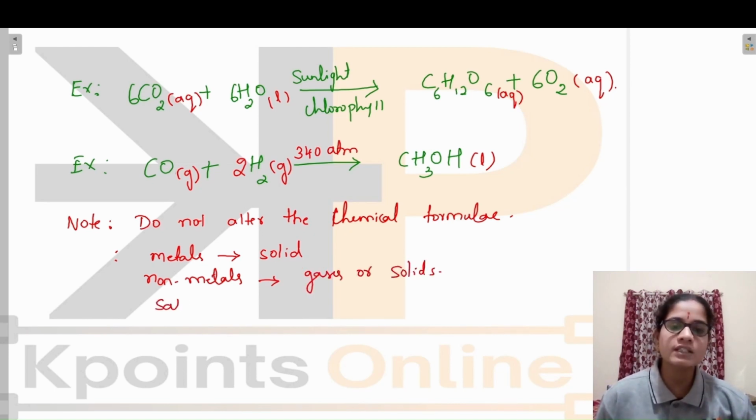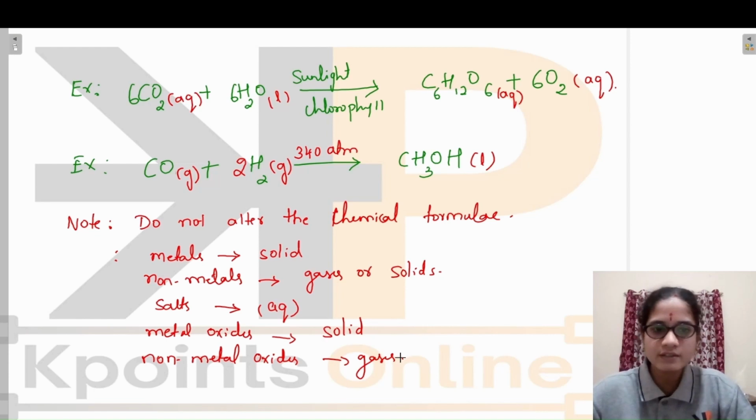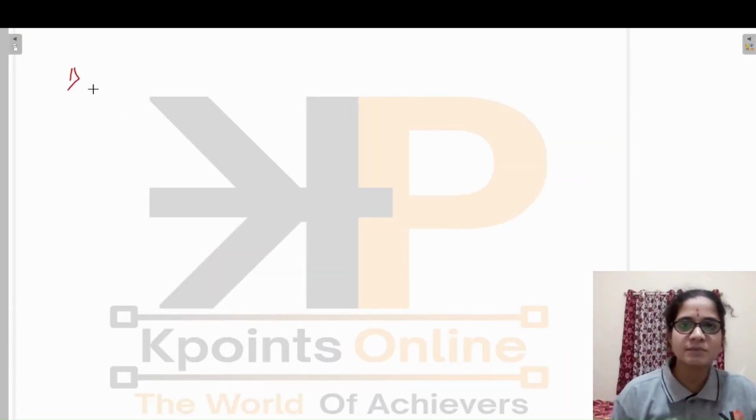And the soluble salts can be indicated as aqueous, which are soluble in water. And oxides of metals, that is metal oxides, are usually solid, like magnesium oxide. Then non-metal oxides are usually gases. So please note these points so that it will be easier for you to write the general physical state symbols in a chemical reaction. Okay, first let us solve some simple examples.